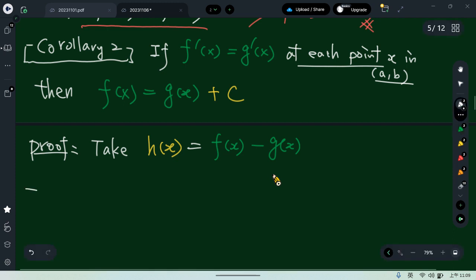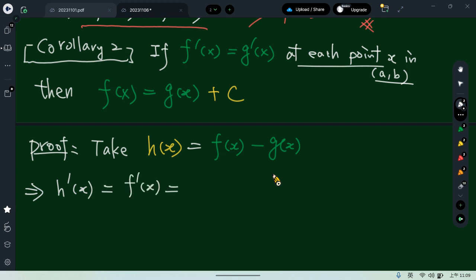So that I just differentiate this at both sides. I can get this one, right? I just differentiate them at both sides, then I can get this one.